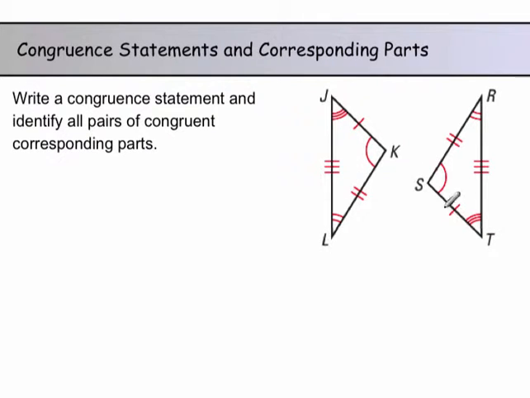So if I look at these, let's first write the congruent parts. Each of these lines that are here means these are equal to each other, so these sides are corresponding. I could say that line segment JL is congruent, and this is how we write the congruent symbol.